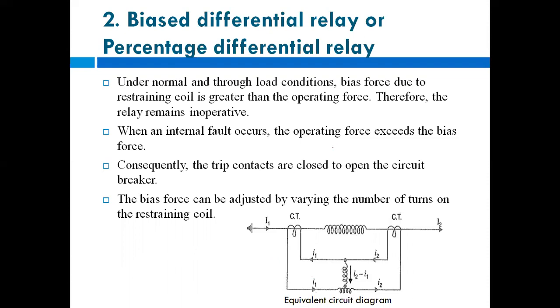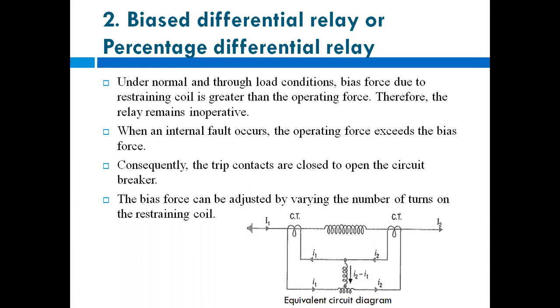At that time your relay will start operating. Consequently, the trip contacts are closed to open the circuit breaker. Means first the relay will sense the fault, and then it will give a signal to the circuit breaker for operation, for disconnecting that faulty section.